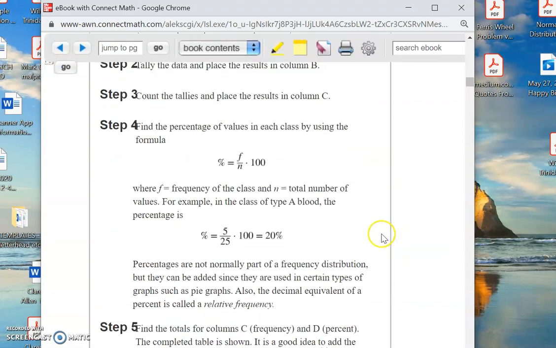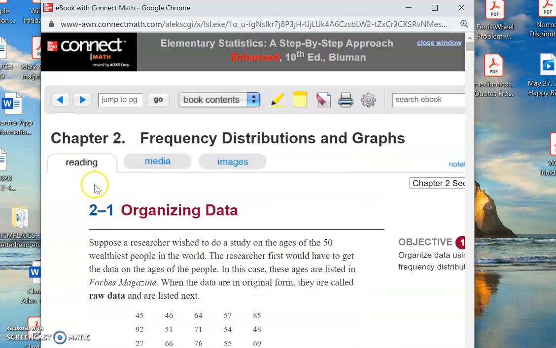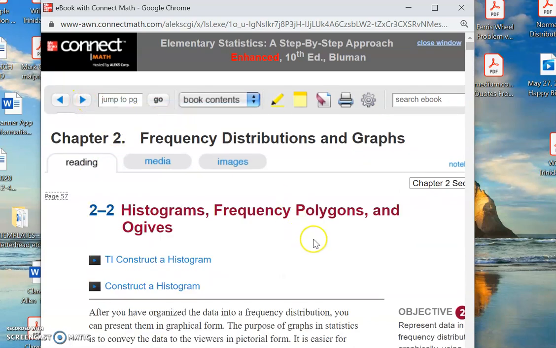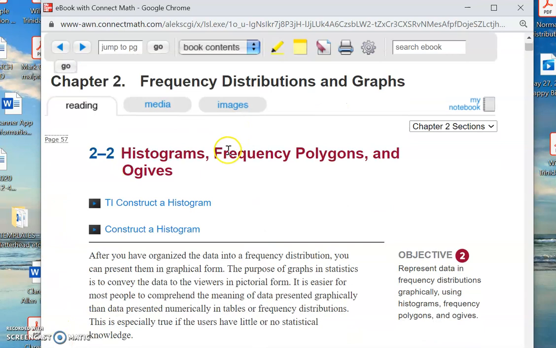Okay, so I want to move on now from chapter 2.1. We're going to go into 2-2, and we're going to talk about various ways of graphing this. All of this in section 2-2 is aimed at the same basic idea, and that is, how do we show this information in a way that is useful?